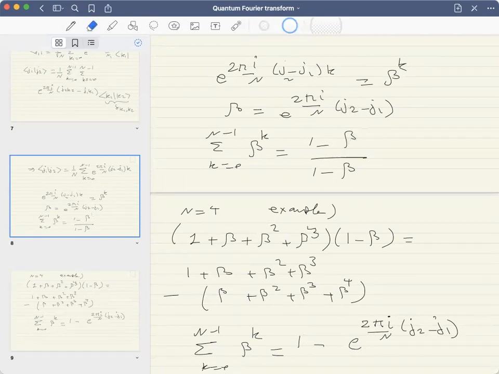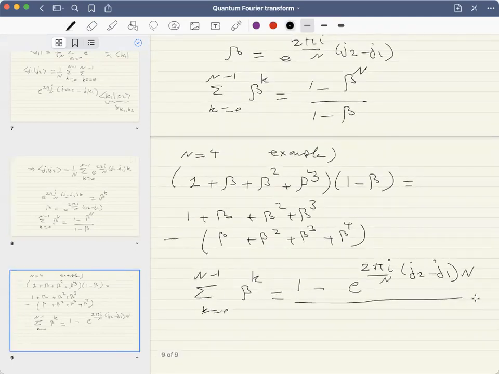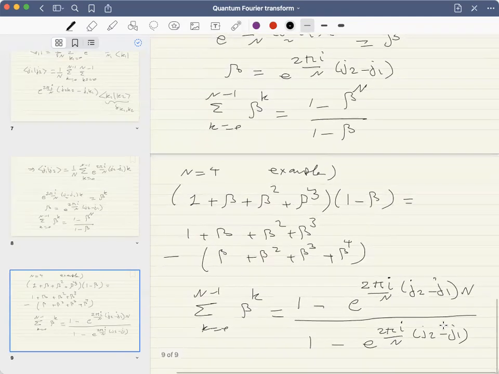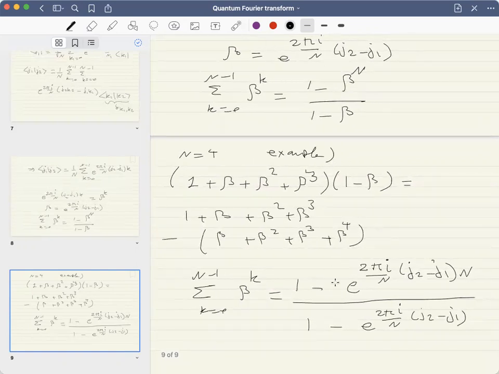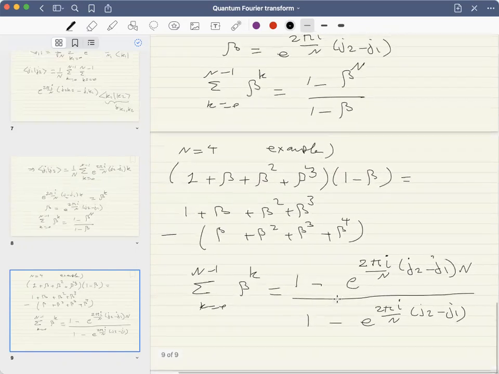This is the last exponent. So if this runs to N minus 1 here, I get the N, in the same way that this ran to 3 and I got minus 4 here. So then I have a factor of N here. And then I have to divide that by 1 minus e to the 2 pi i (j2 minus j1). So that's just beta. So then we'll see what happens.